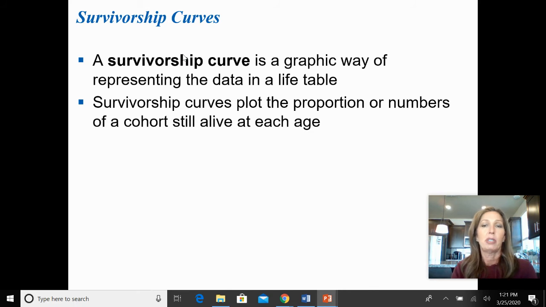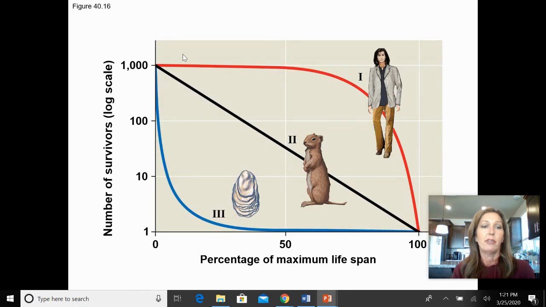You should be familiar with this graph of survivorship curves when we talk about different species and how different species live their lives. If we look here, we have type 1 versus type 2 versus type 3 survivorship curves. In a type 1 curve, in terms of percentage of lifespan, the majority of deaths occur later in life.